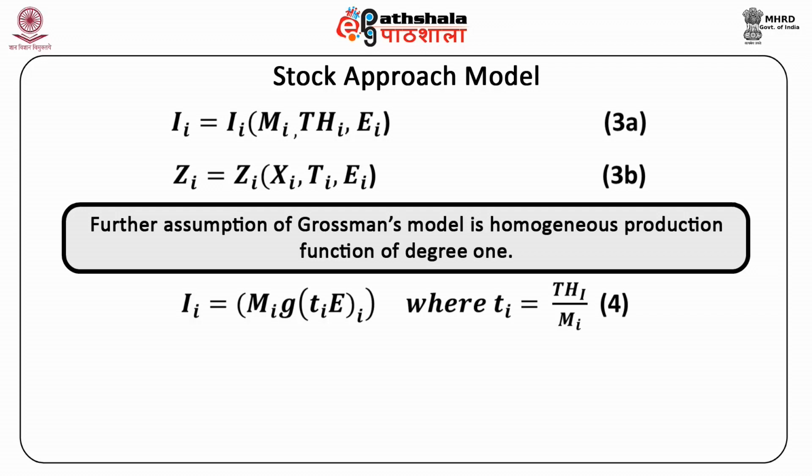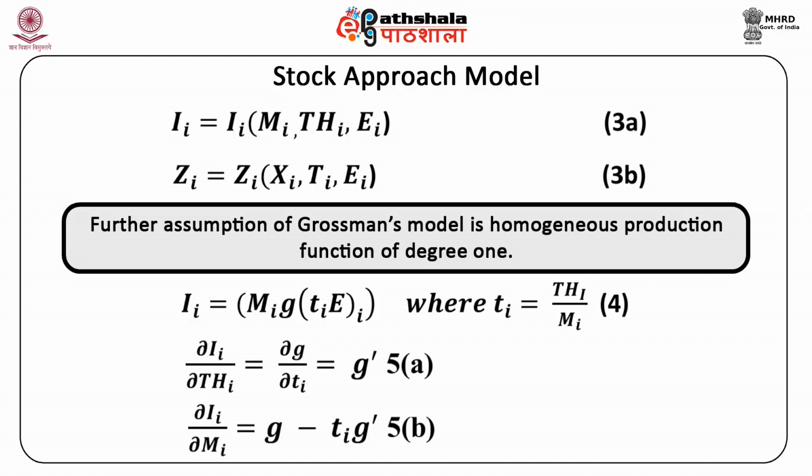Ii = Mi g(ti, Ei), where ti = THi/Mi, Equation 4. ∂Ii/∂THi = ∂g/∂ti = g', Equation 5a. ∂Ii/∂Mi = g − ti g', Equation 5b.